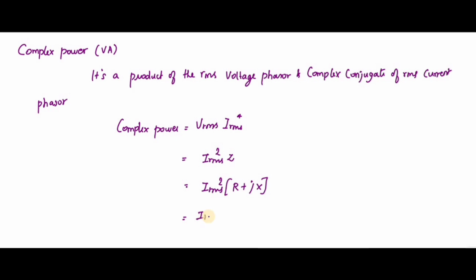So this is IRMS square R plus j IRMS square X.